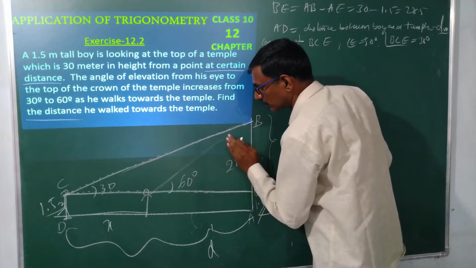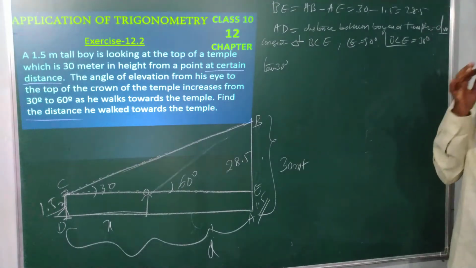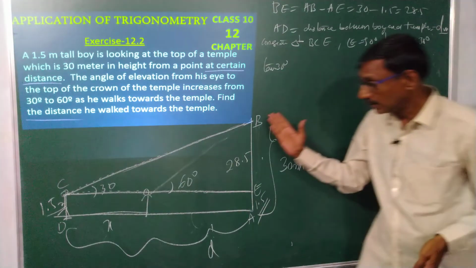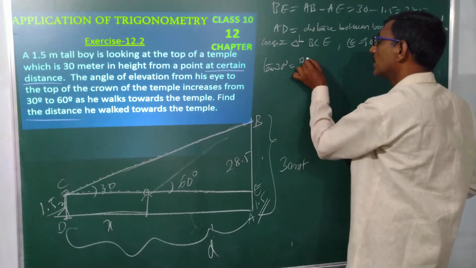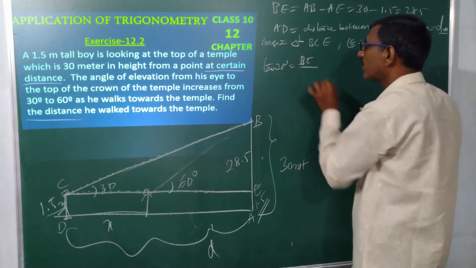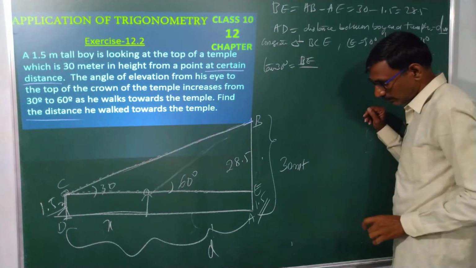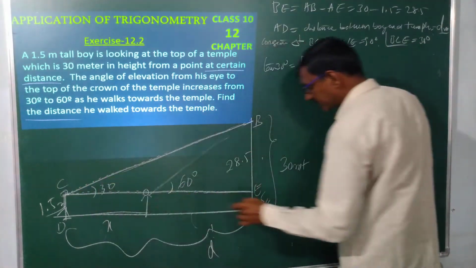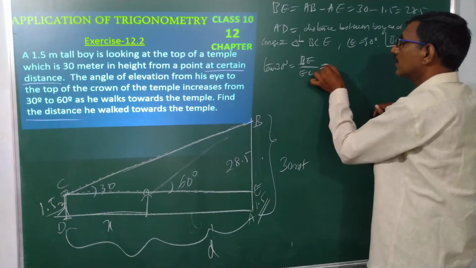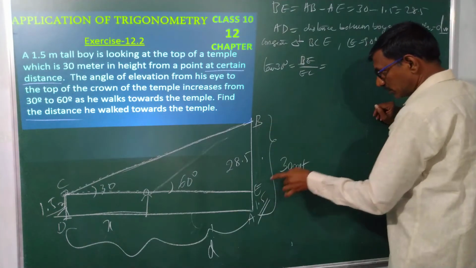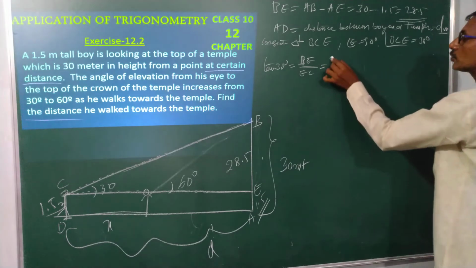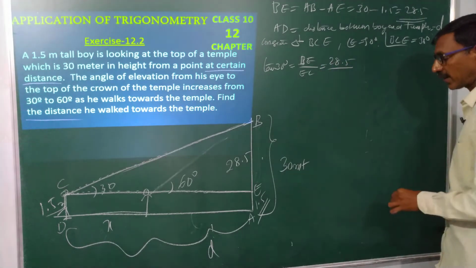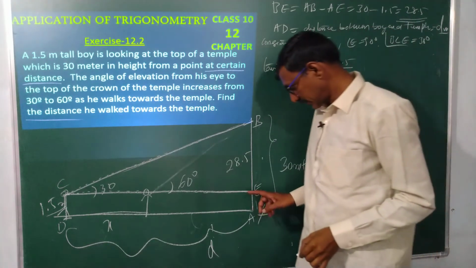Now tan 30 degrees, in this big right angle triangle, is the opposite side BE divided by the adjacent side EC. BE is 28.5 divided by EC.